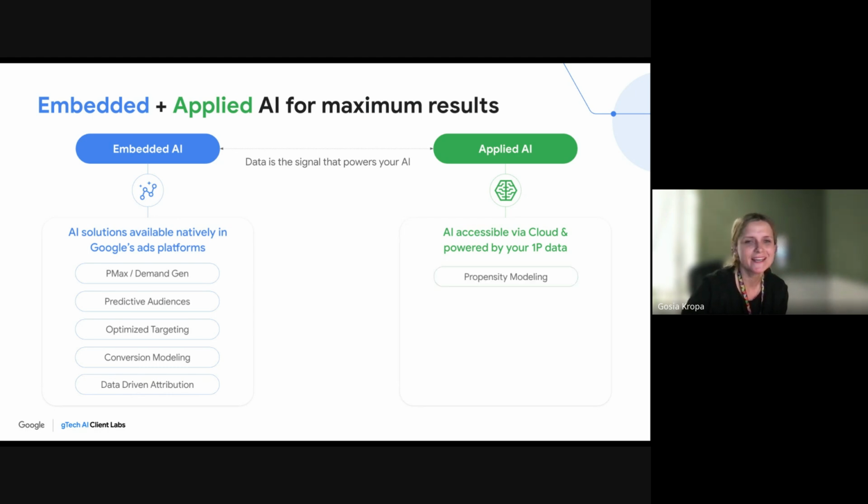So again, nothing new. Propensity modeling, smart segmentation, demand forecasting, that's your crystal ball, predictive lifetime value modeling, and media mix modeling. So embedded AI and applied AI are definitely a power couple here.